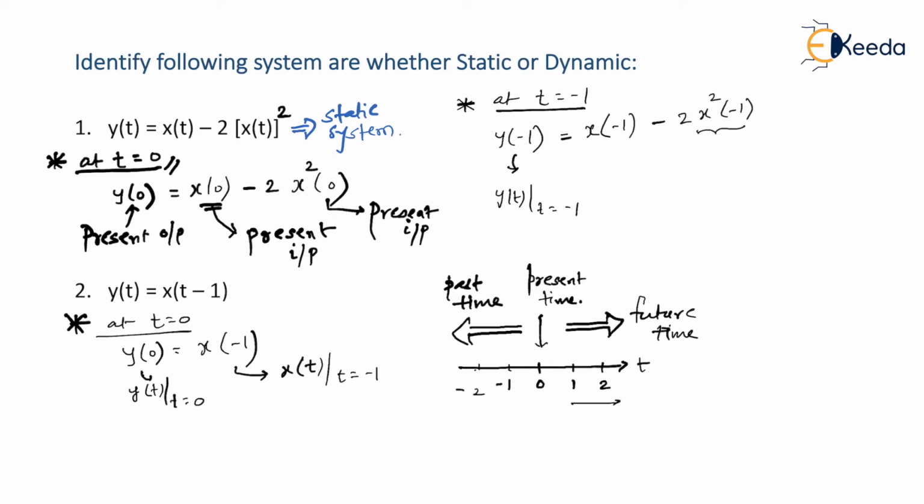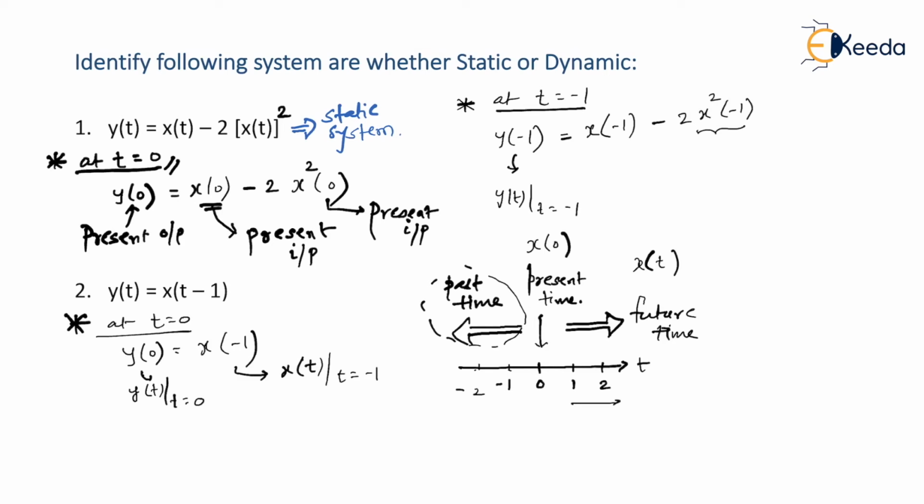So for example, if you have something as x of 0, then it is called as a present input. If we have some x of t which refers to future values like x of 1, x of 2, and so on, then those are called as future inputs. And whatever x functions which are lying over here are called as past inputs.